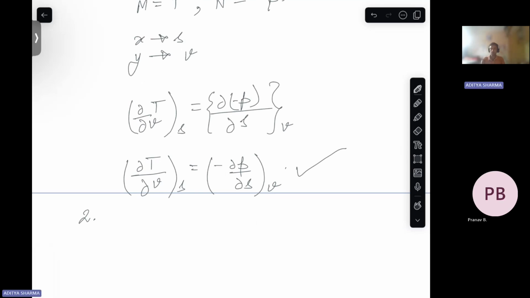Then we have the second Maxwell relation, that is dH equals TdS plus VdP, right?